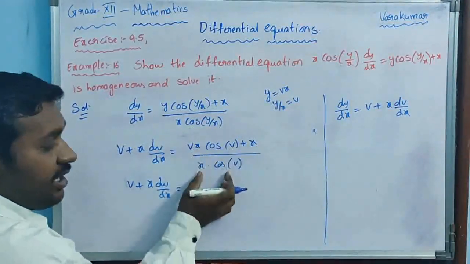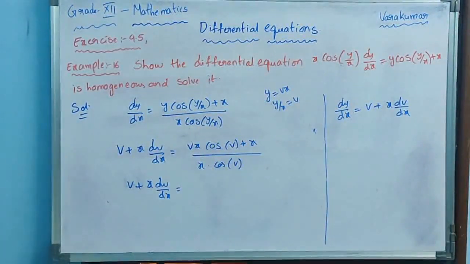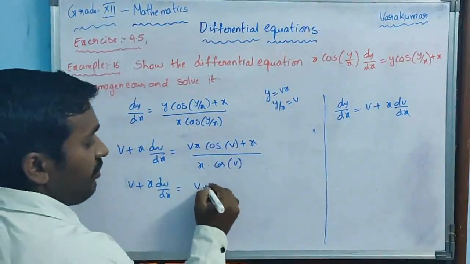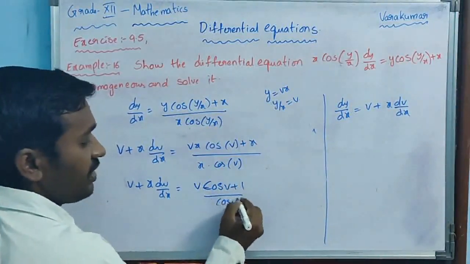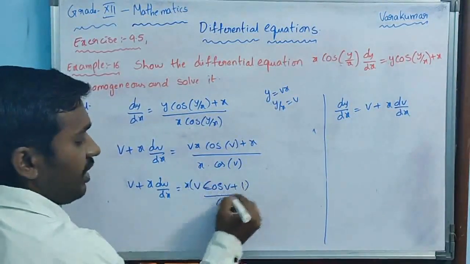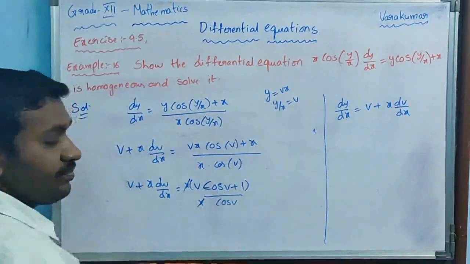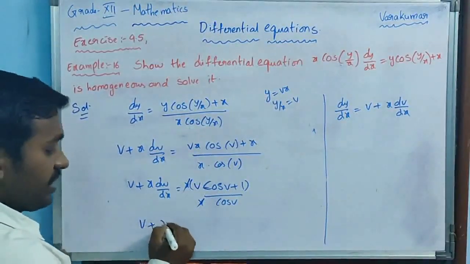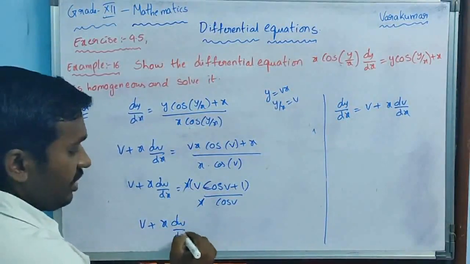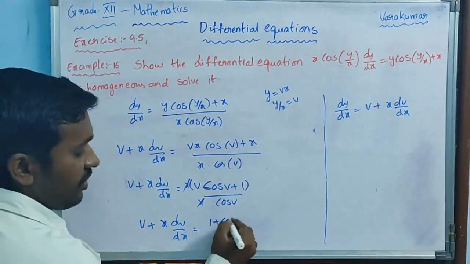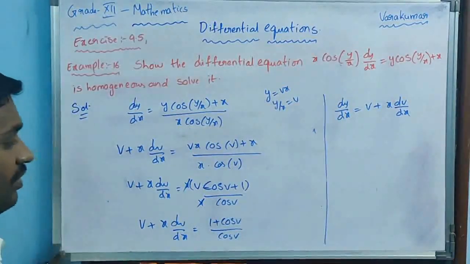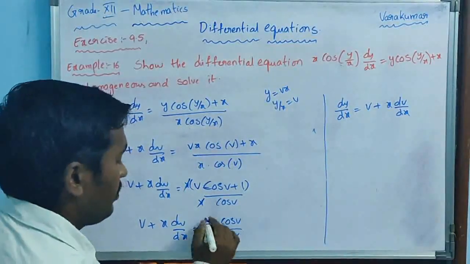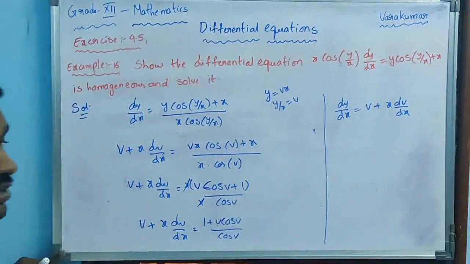From the numerator and the denominator, x will be cancelled, so v + x dv/dx = (v cos v + 1) / cos v. What is left: v + x dv/dx = (1 + v cos v) / cos v.